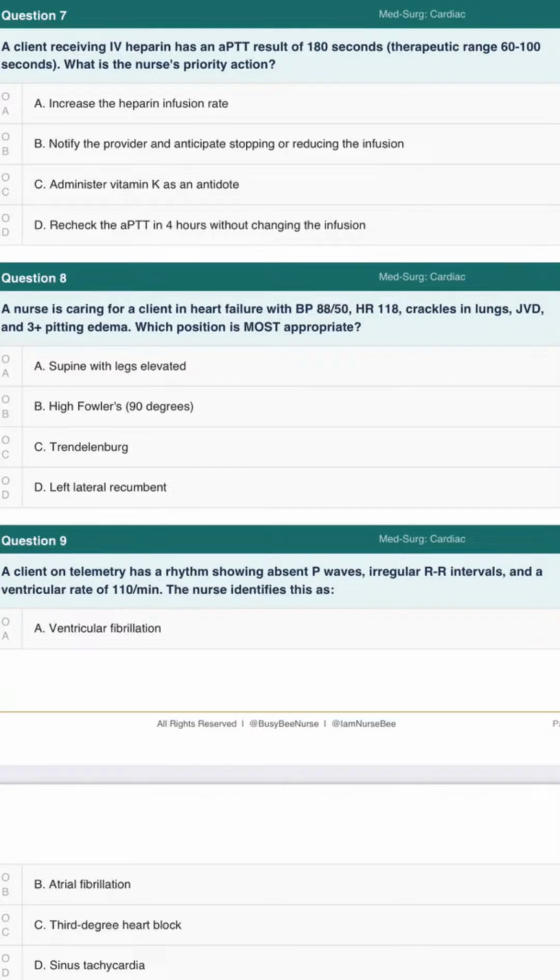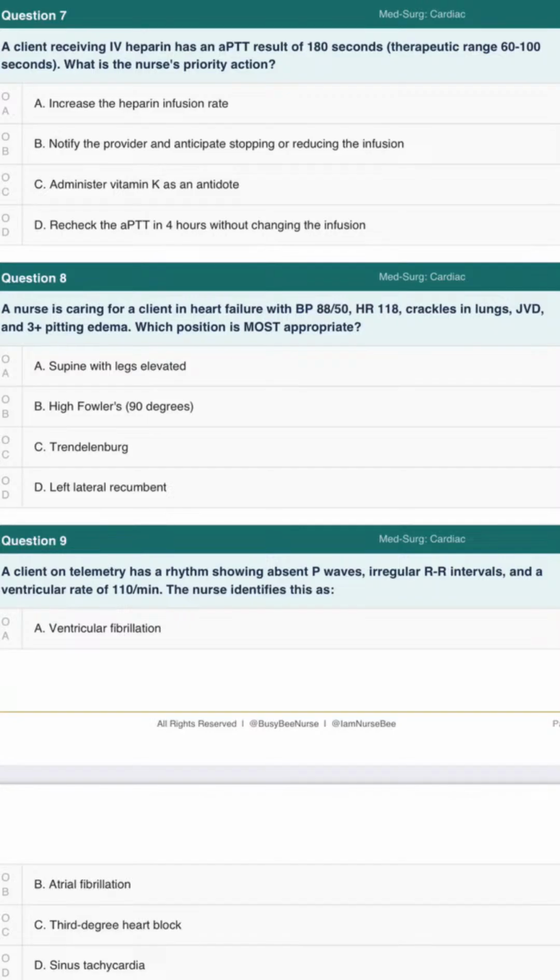You don't want them in a position where it's going to cause more harm to the patient. In this position, it's also decreasing preload and pulmonary congestion, thereby improving oxygenation and breathing effort. So this helps a lot.